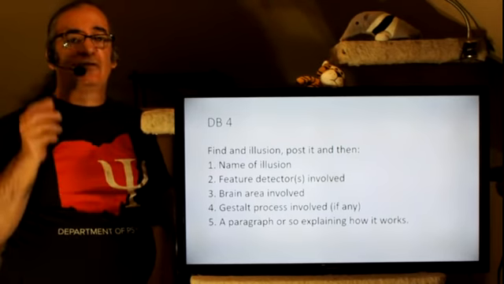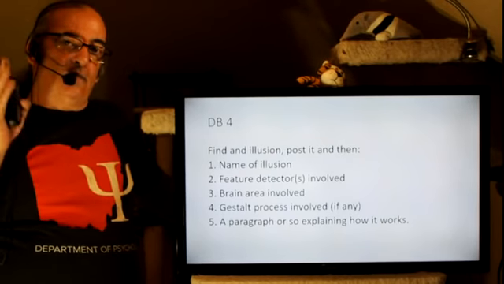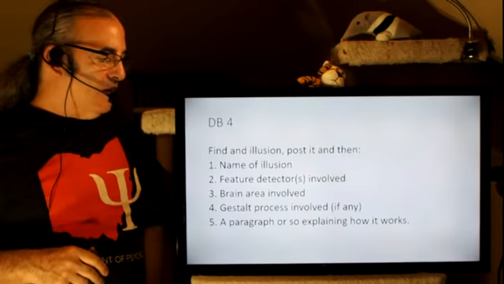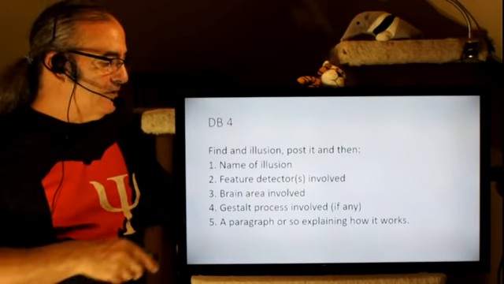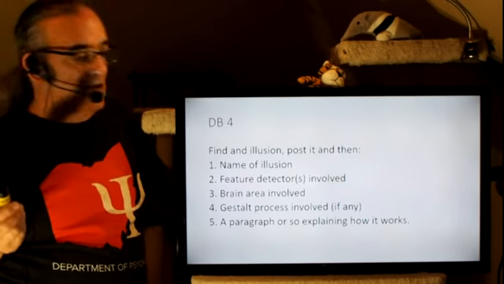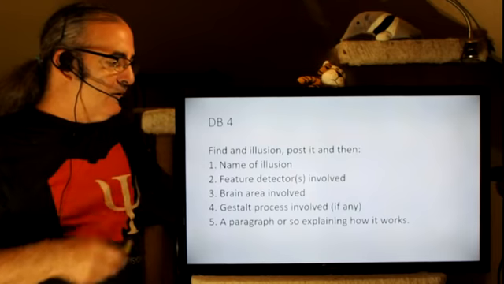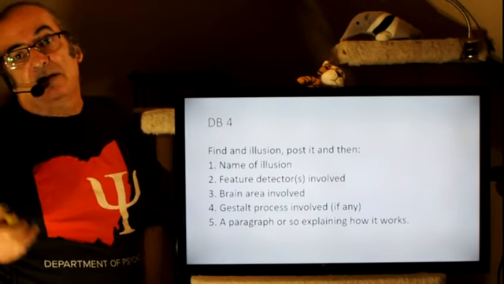What feature detectors is this illusion playing with? The brain area that's involved in the processing, and we don't have to be too specific about that. You can be relatively general. The Gestalt process involved, if it represents a Gestalt phenomenon, and a paragraph or so explaining how it works. And that's what I'd like to see.